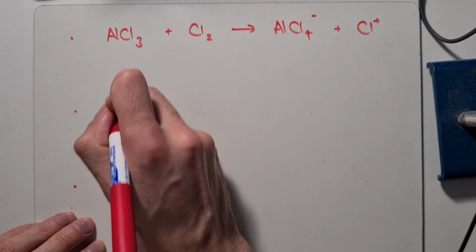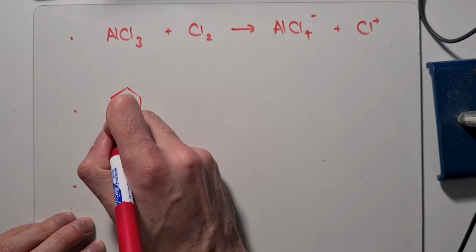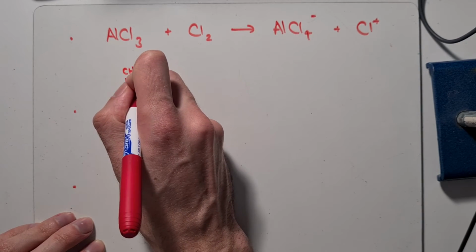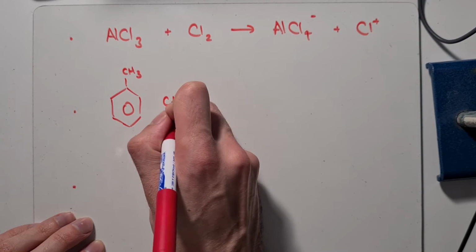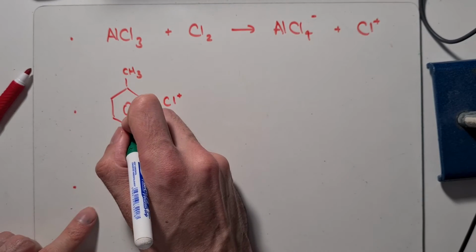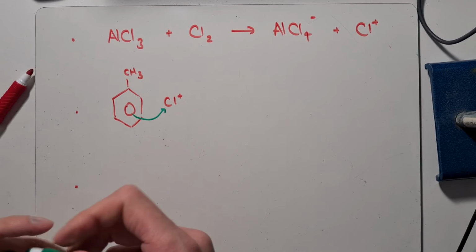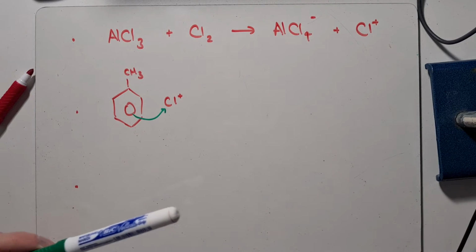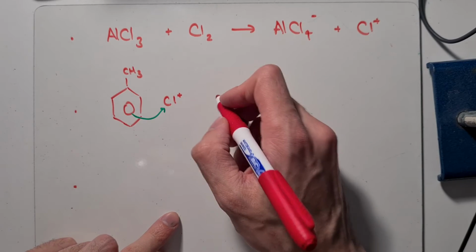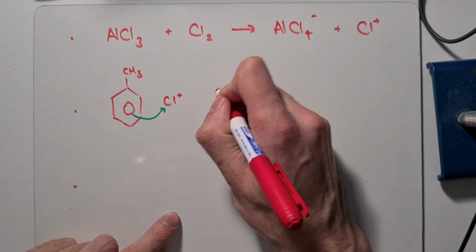Then, actual mechanism then for this reaction. Curly arrow from the ring to Cl+. This creates our intermediate, and you had to have this in the correct position.